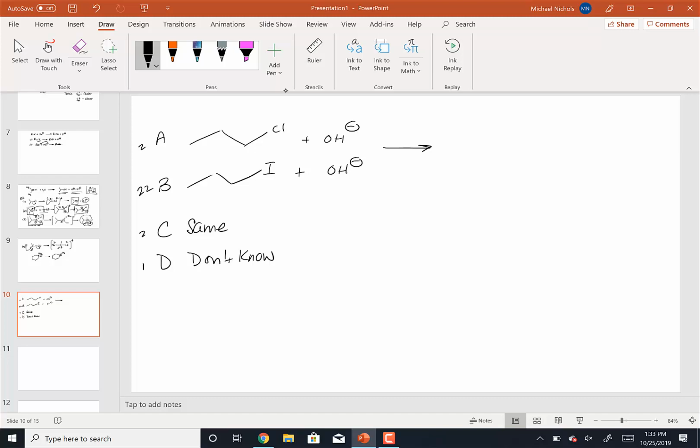Okay, now when we're answering these kinds of problems, the first thing we need to do is identify the mechanism. And I cannot give you 2 reactions that have 2 different mechanisms. They have to be the same mechanism for us to judge their rates. For example, in 2 weeks in lab, we are going to do an SN2 reaction where we are going to boil the solution, called refluxing, for 45 minutes.